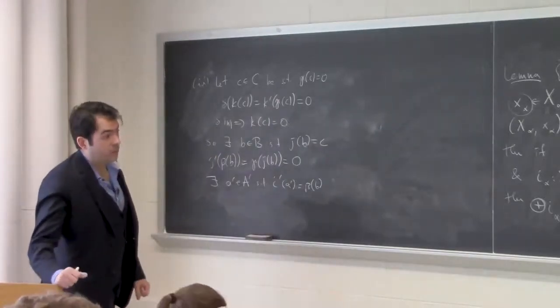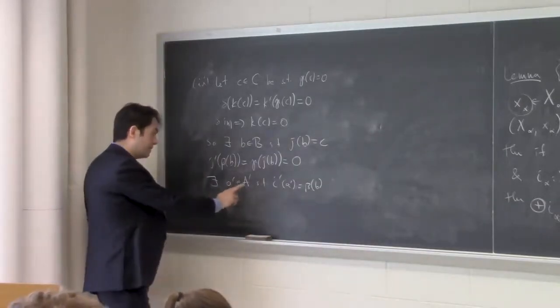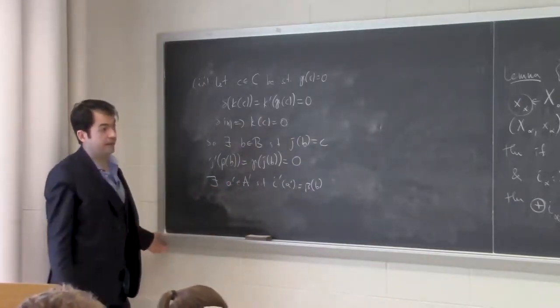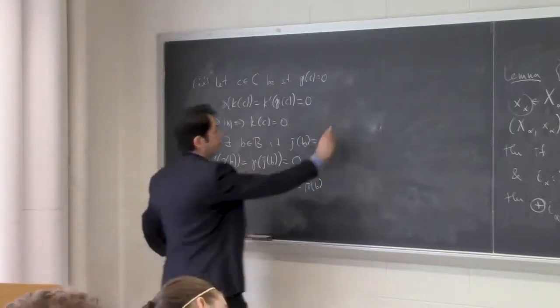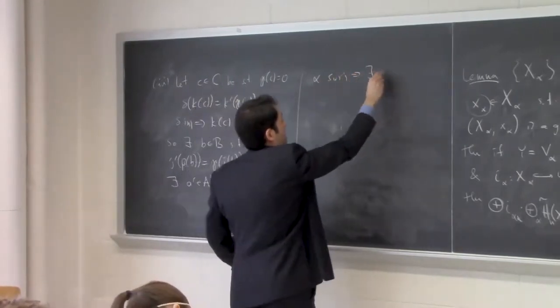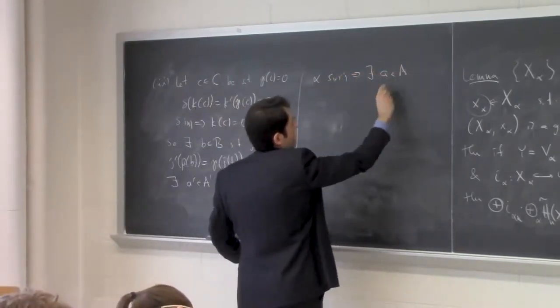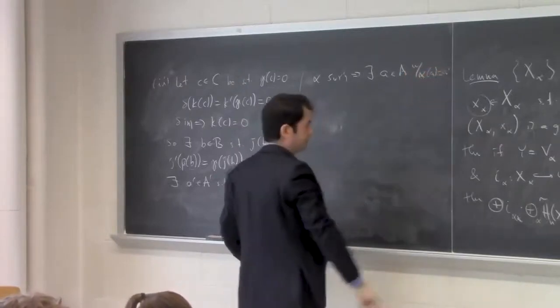Okay, and we know that alpha is surjective, right? So we've made it a prime, then we can use surjectivity of alpha to lift to a, right? Alpha is surjective, and alpha of a is a prime.